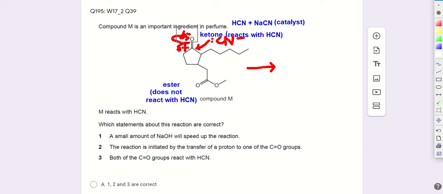A bit messy here. Let me erase this and change it to smaller writing. So this carbon is partial positive, and this O is partial negative. Another arrow goes from one of the pi bonds of the double bond to the O. So later we get an intermediate.